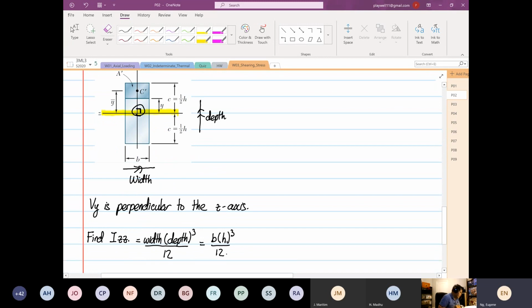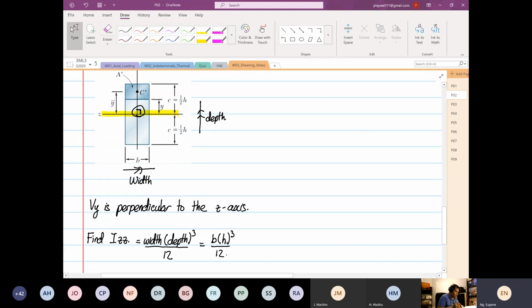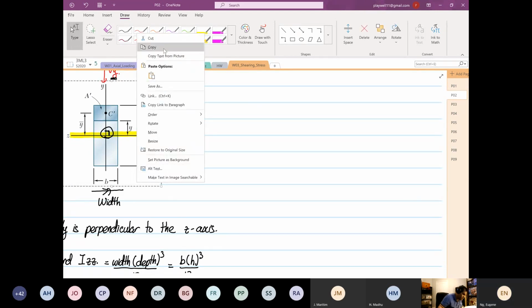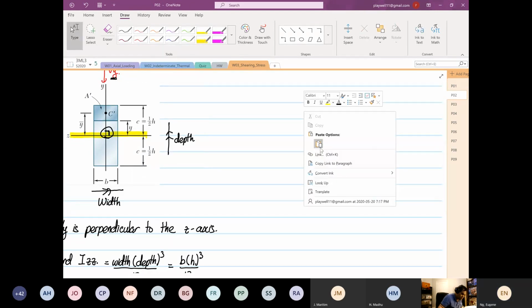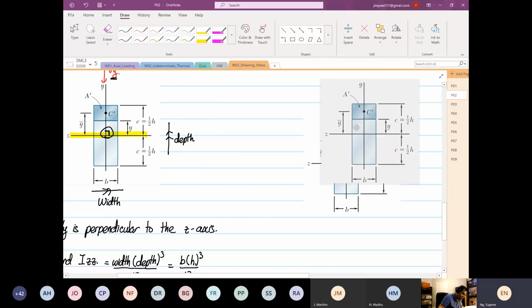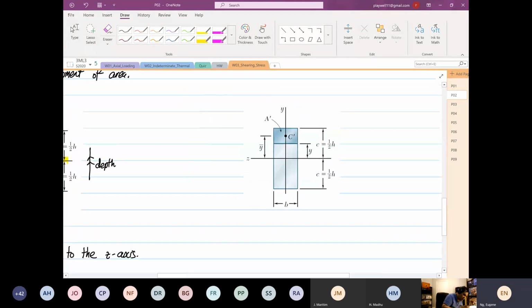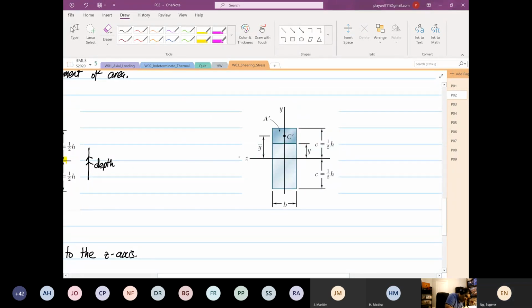Now, if we flip this around and do the other direction, if this is your Vz, the perpendicular axis is now the y axis. So what you're interested in is your Iyy.